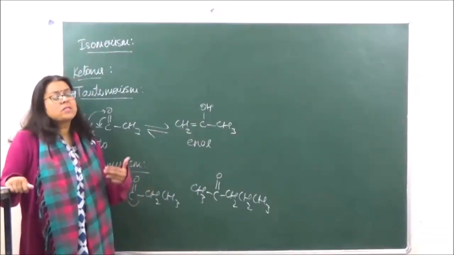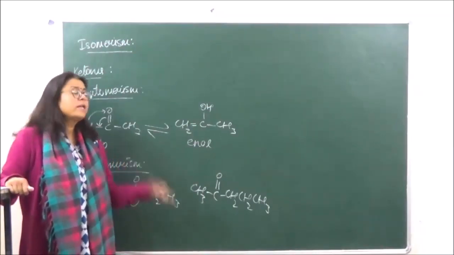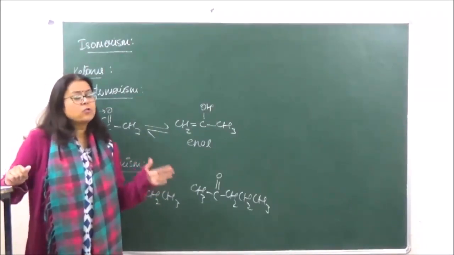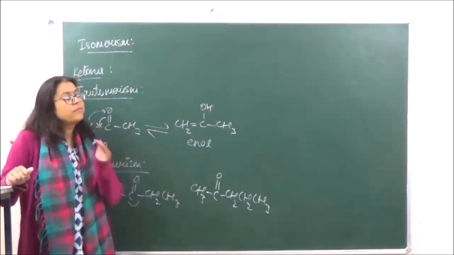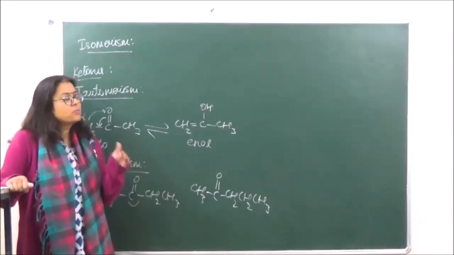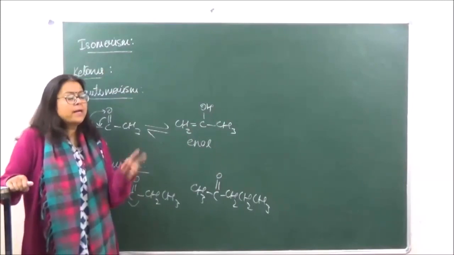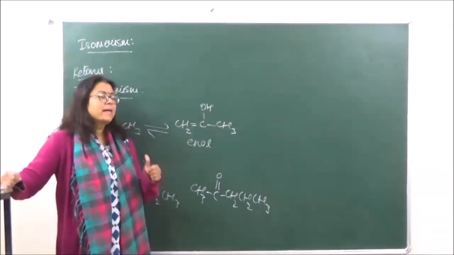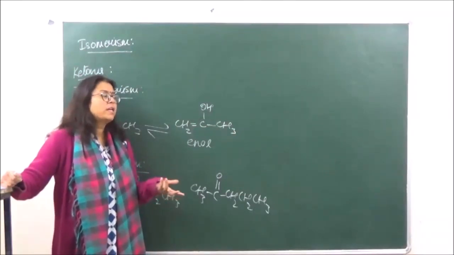Then we have certain reactions by which only ketones can be prepared. So methods of preparation we are going to classify into 3 different sections. Number 1, general methods by which both aldehydes and ketones can be prepared. Number 2, by which only aldehydes can be prepared. And number 3, by which only ketones are going to be prepared.